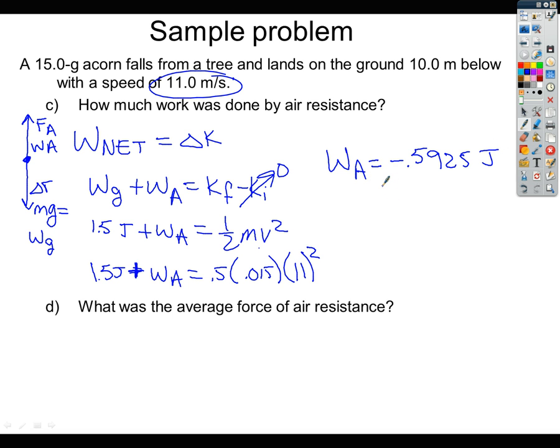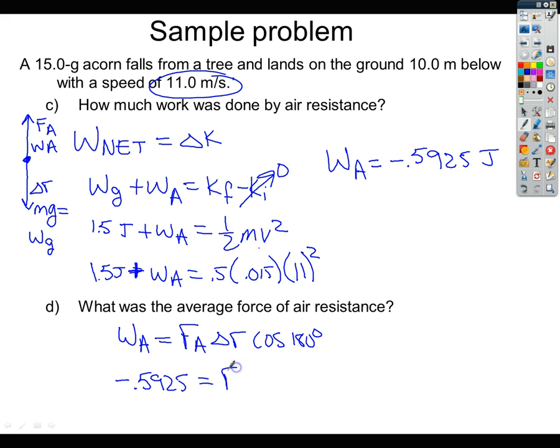And we did say it was negative. That kind of proves it as we go through. For the very last part of the problem, they want to know the average force of air resistance. The work done by air resistance should be equal to the force of the air resistance times the displacement times the cosine of 180 degrees. We said the work of the air resistance is negative 0.5925.